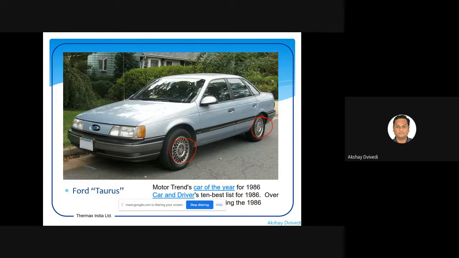Now, Ford was at a particular scenario in those days where they felt that very soon they will be moved out of the market. But they did something, and that was understanding customer requirements in a proper way. And they came up with this particular model, which is Ford Taurus.